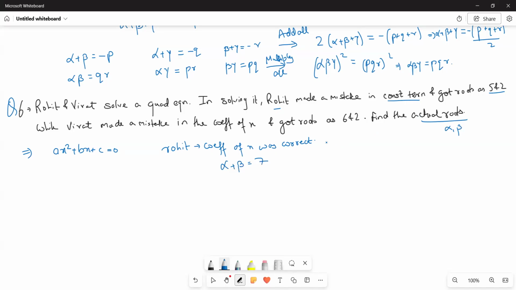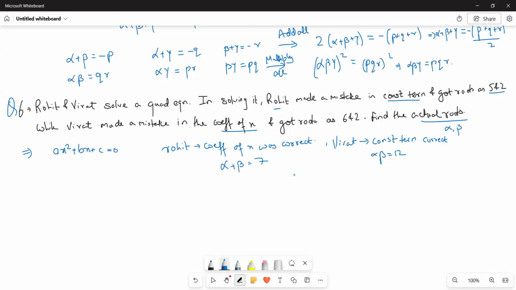Right. And similarly for Virat, he made a mistake in the coefficient of x, implying iska constant term correct hai. So for Virat, the product of the roots is correct. So the actual roots are such that their sum is 7 and their product is 12.